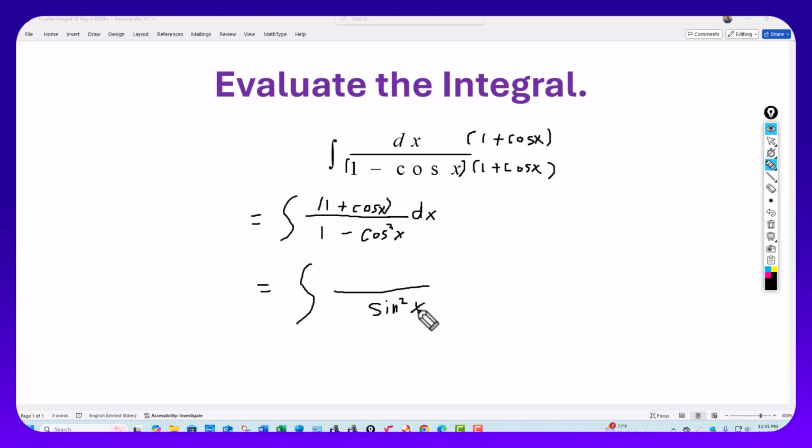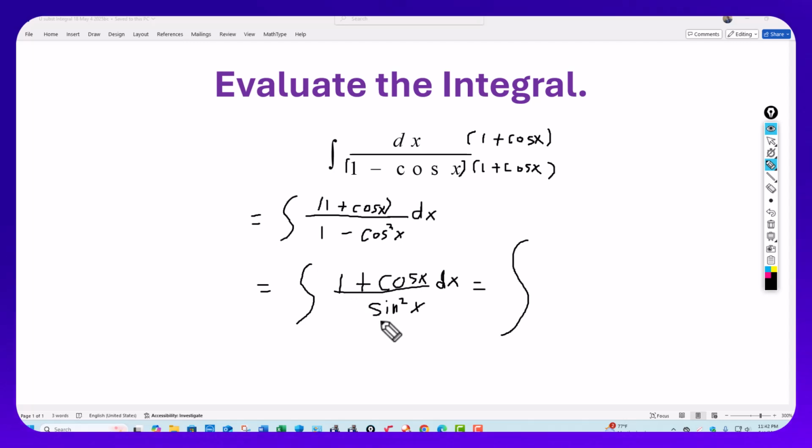of x. If I equate these, I can write that as sine squared plus cosine squared is equal to 1. On top, it's still the same, 1 plus cosine of x dx. And then I just divide the terms in the numerator by sine squared.